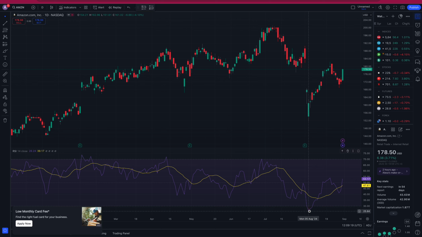We don't know how the market is going to move. So what you're going to do is wait for it to cross 30 again, and then you buy somewhere here. That means it's going to go up, and then you sell somewhere here. That's how you're going to use your RSI indicator.